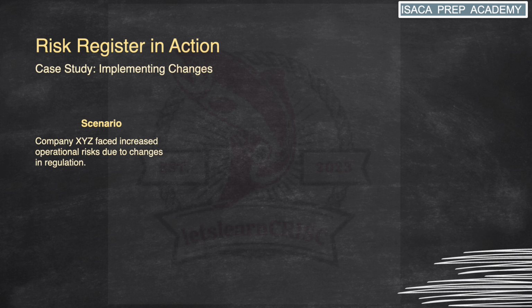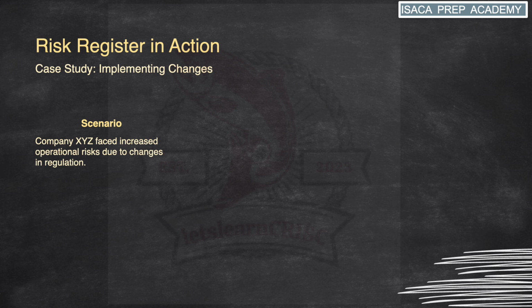And to address this scenario, company XYZ must undertake several steps. First, the company needs to identify and assess the specific operational risks arising from the regulatory changes. And this involves analyzing how the new regulations affect the different areas of the business, such as compliance process, supply chain operation, financial reporting, and customer interaction.